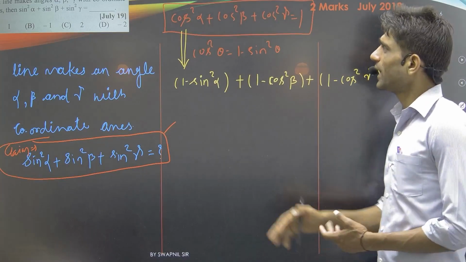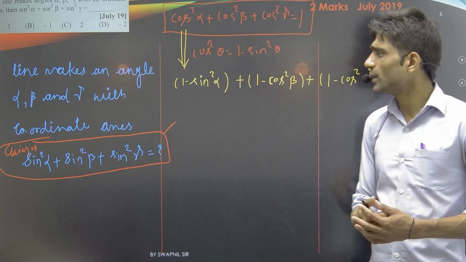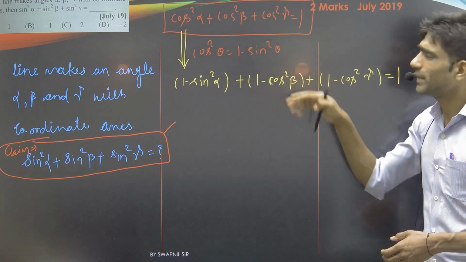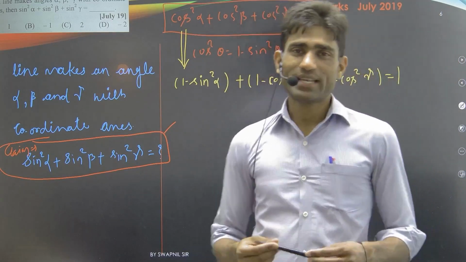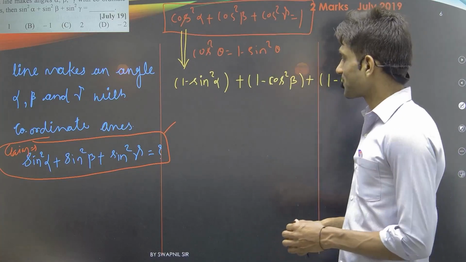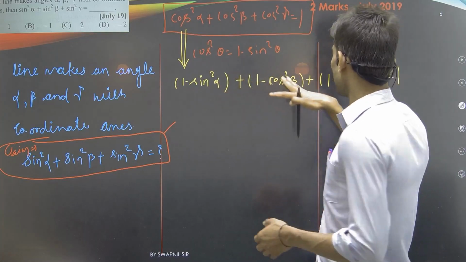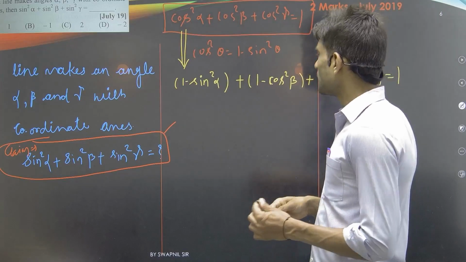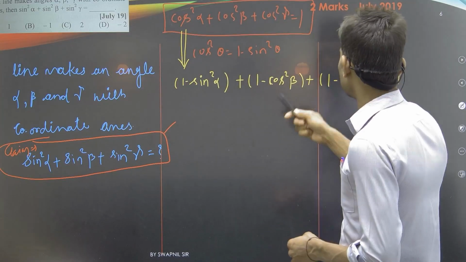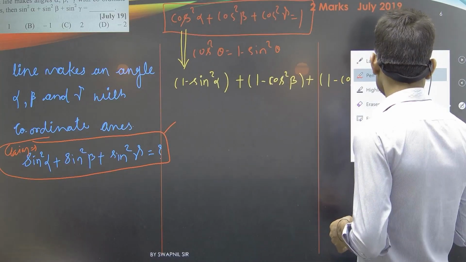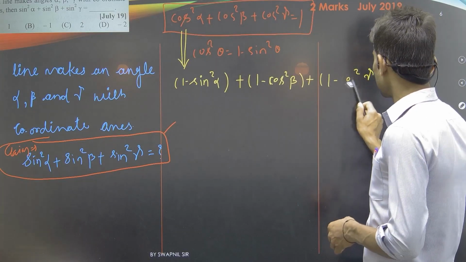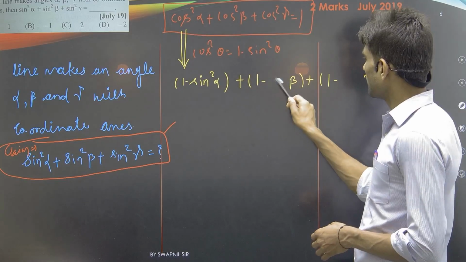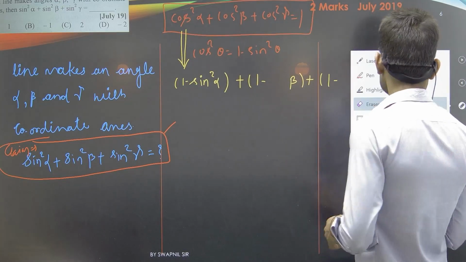I just replaced cos square alpha with 1 minus sin square alpha, cos square beta with 1 minus sin square beta, and cos square gamma with 1 minus sin square gamma.